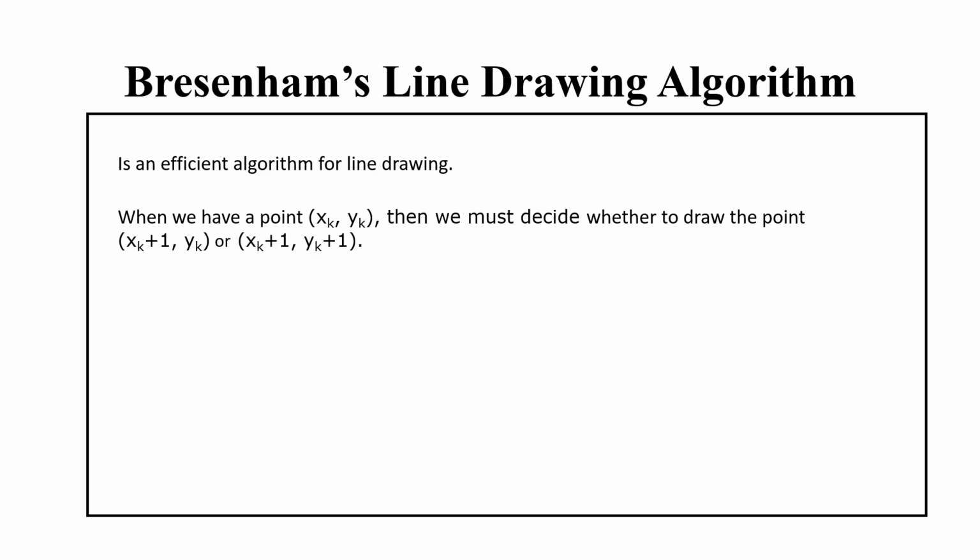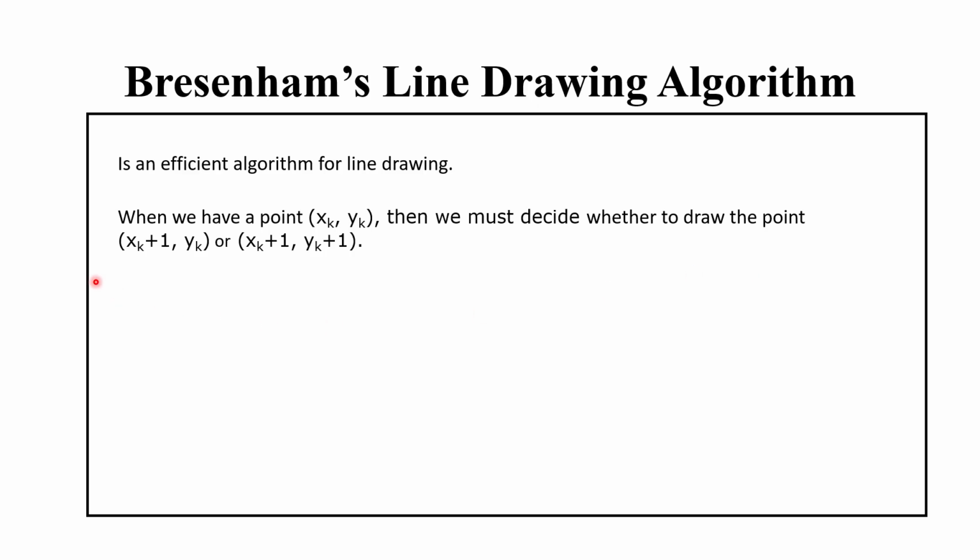This also avoids incremental error accumulation. Okay, fine. So when you have a pixel position along the line path, say for example, you have a point xk and yk, then we must decide which point will be my next coordinate.